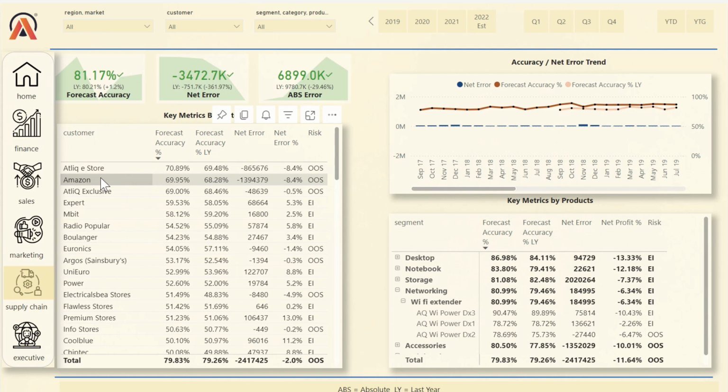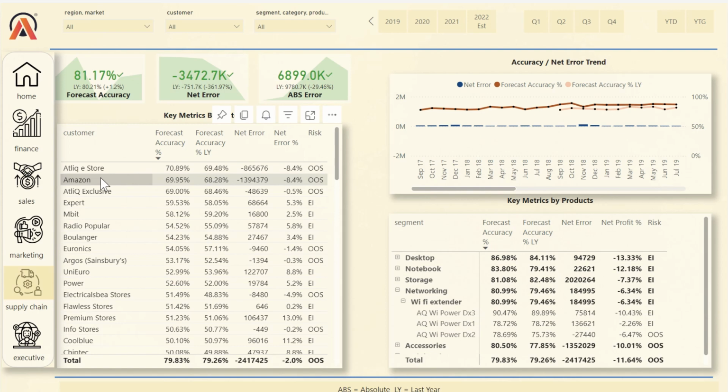And the risk they are facing is out of stock. Some of the customers are facing the risk of out of stock. Some of the customers are facing the risk of excessive inventory. So what is this out of stock basically?